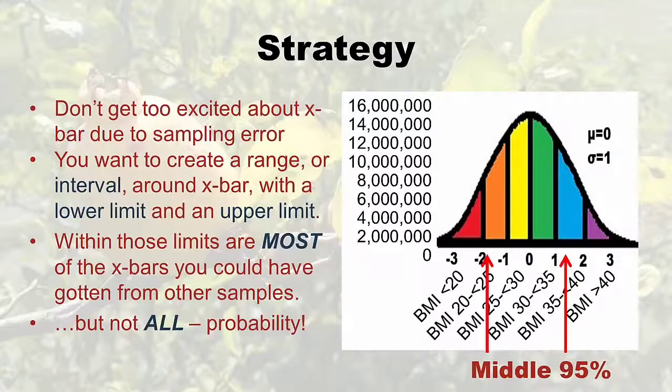And so that's technically, if you wanted your 95% confidence interval, you'd have to find the x at negative 1.96 and the x at 1.96. And then that would be your lower limit and your upper limit of the middle 95% of the x bars. And so you'd say, okay, I'm 95% confident that the mu is somewhere in there because most of the x bars are in there.